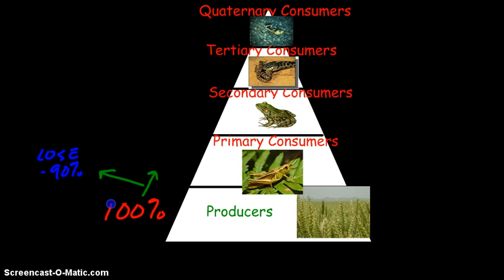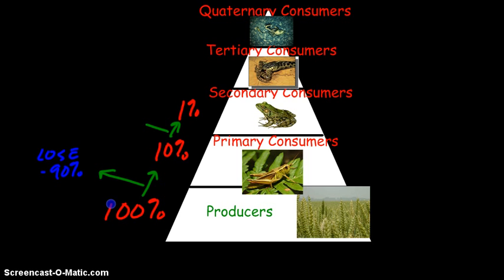So the primary consumers only have 10% of the original energy that came into the producers available to them. And as we transfer the energy up through the levels, we continue to lose 90%. So this will be 1% of the energy left.